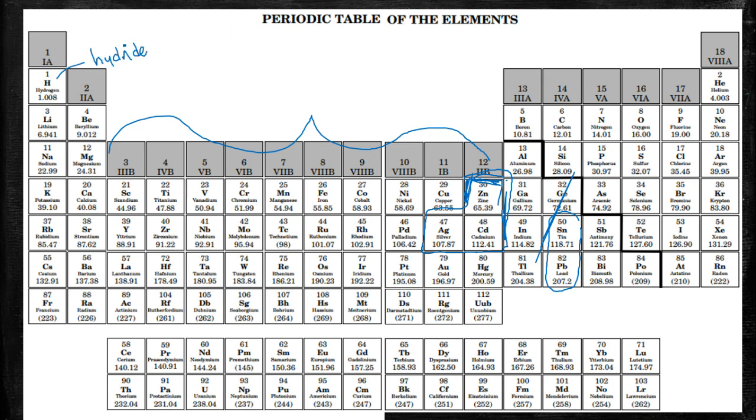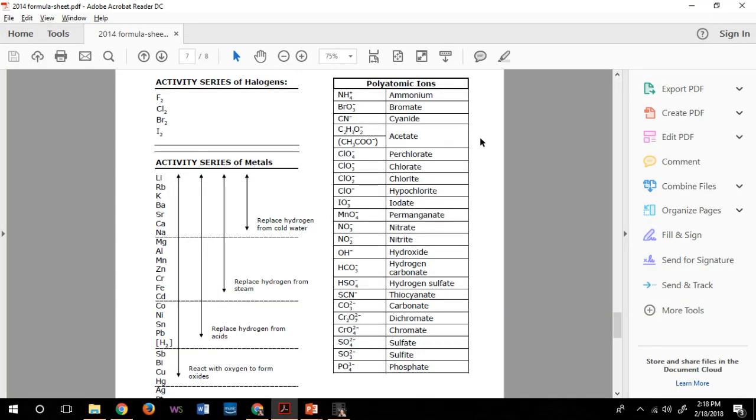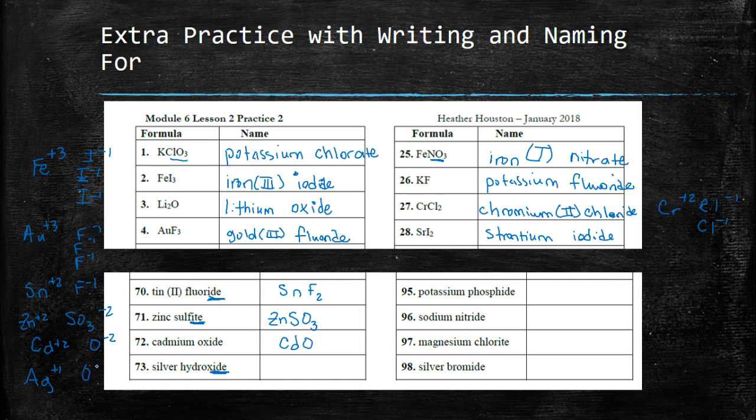And it's not oxide because it's got the hydr in front of it. So you know where you go for hydroxide? This polyatomic ion table right here. It is OH minus. The minus means it has a -1 charge, +1, -1. They balance each other out, so it's AgOH.